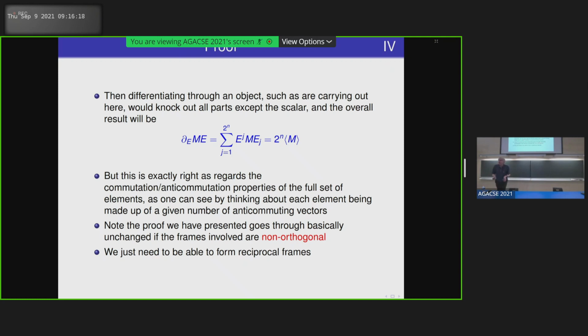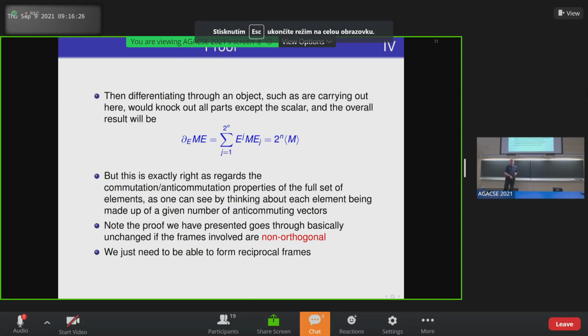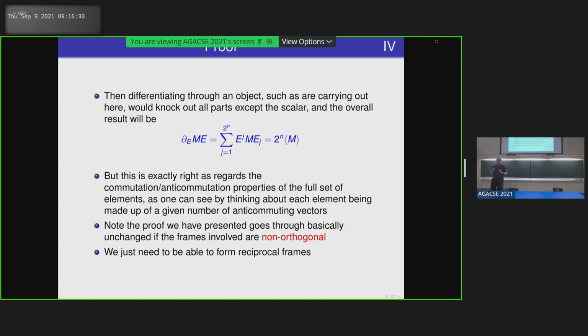Think about each element being made of a given number of mutually anticommuting vectors, and then you pass through these elements E, and you count how many times they flip sign. And you'll find that everything cancels out except for the scalar part. So that's that.